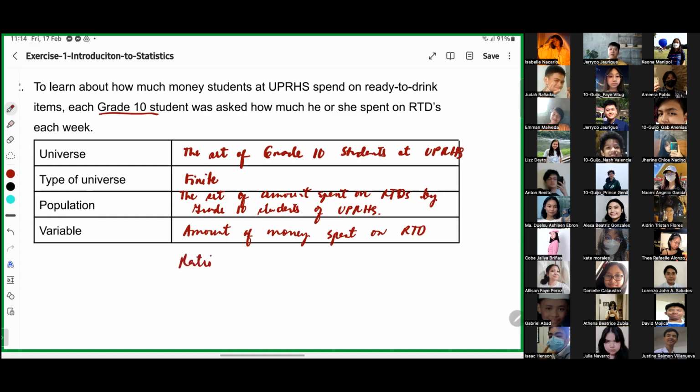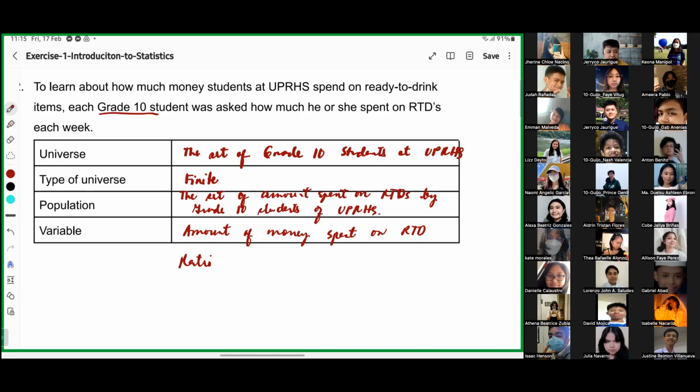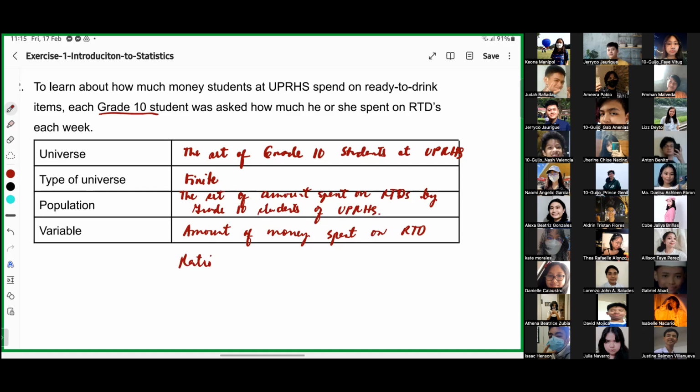Any question? Yes, Chloe. Sir, kapag qualitative po ba, ang level of measurement niya nominal or ordinal lang po? Madalas, yes. Tapos kapag quantitative po, yung interval and ratio? Yeah, madalas, yes. Sige po. All right.